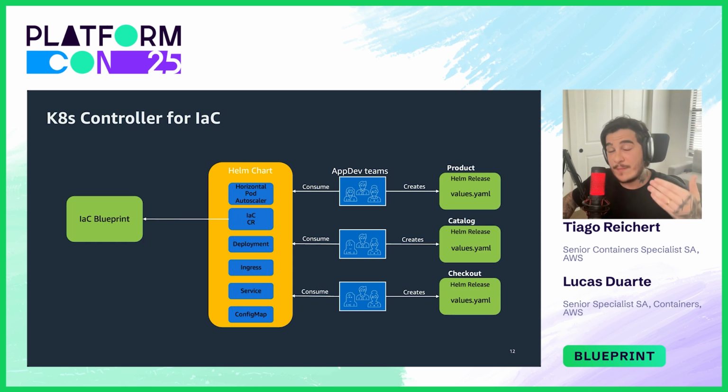And then if you have a modularized blueprint structure for infrastructure assets, you essentially can let the developers pick whatever infrastructure resources they want using the blueprints that were created by the platform team.